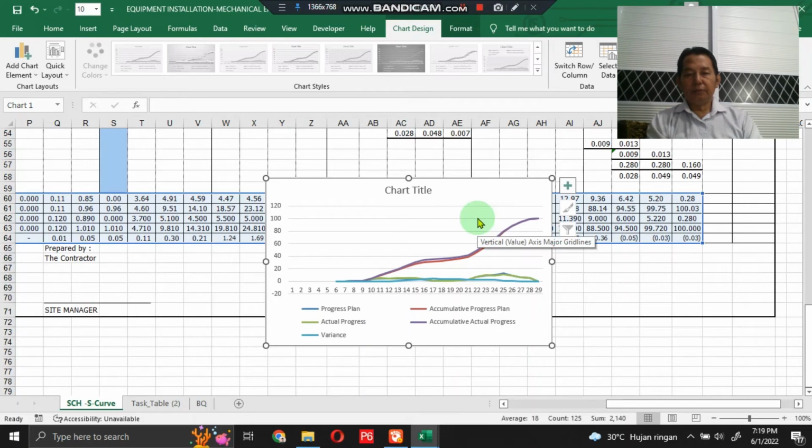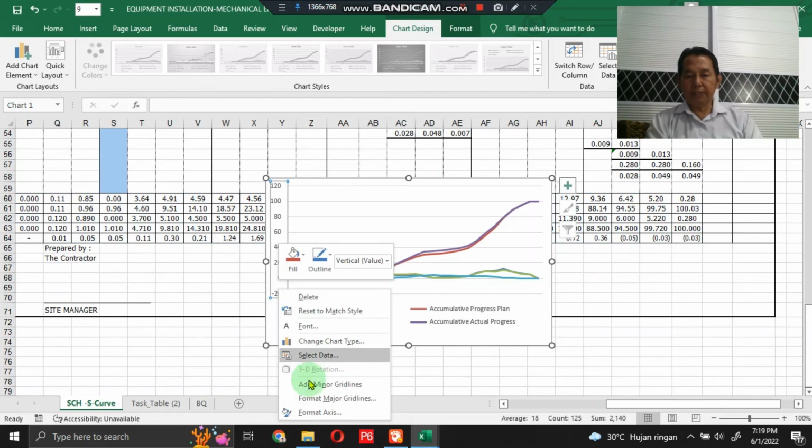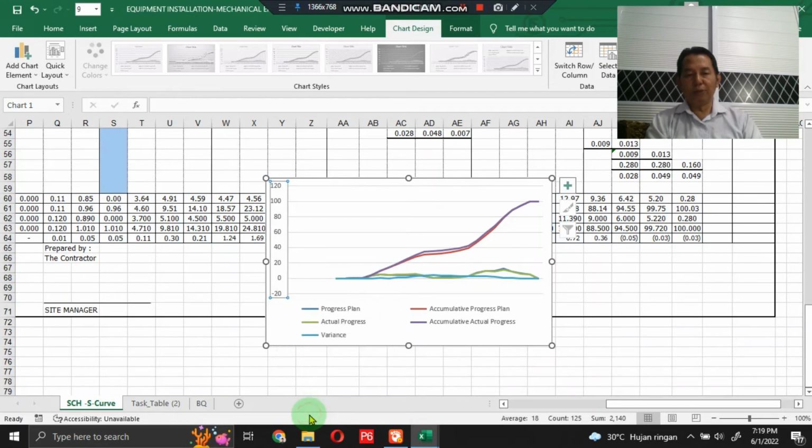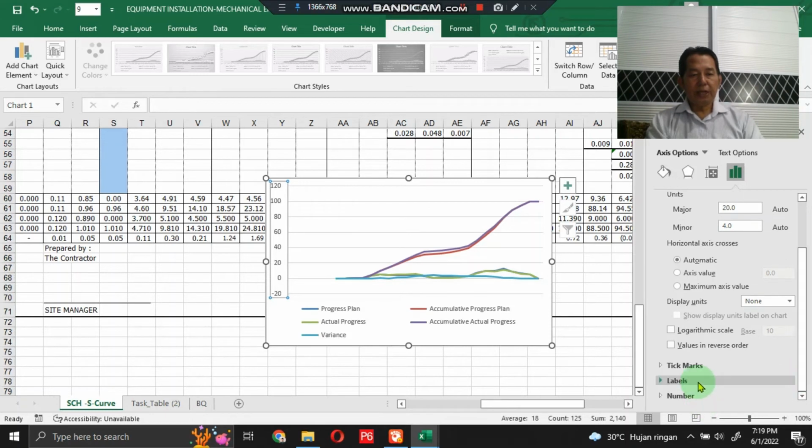And then we edit and remove the section that is not needed, this one. And we move the section to the right by right clicking and choosing format axis, then choosing labels and choosing high.